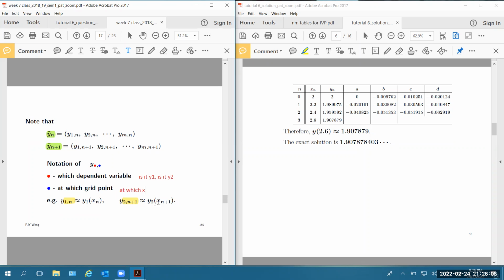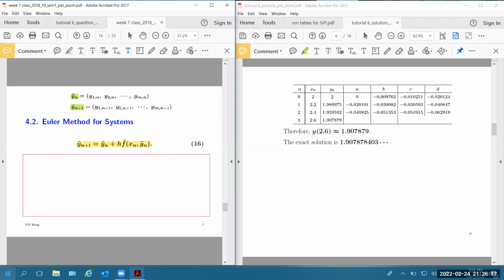Over here, the right-hand side, that's the exact solution. So now we know the meaning already, right? So I put my yn tilde and my yn plus 1 tilde here, and I get my Euler method for systems. As I said, we need to interpret this. So what's the meaning?